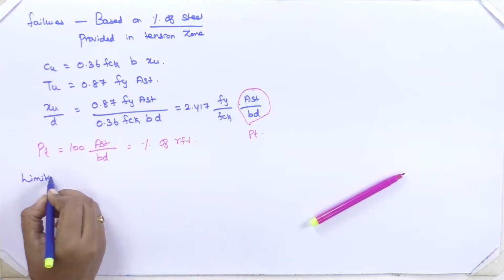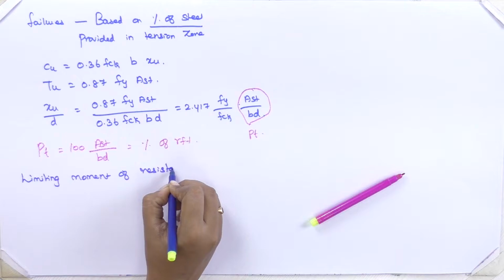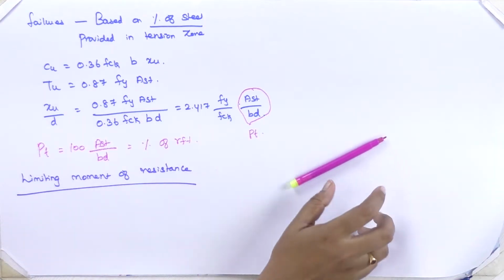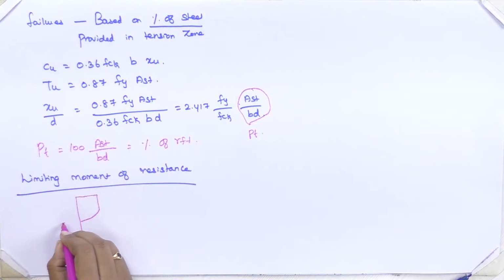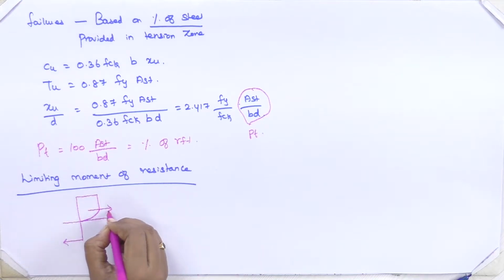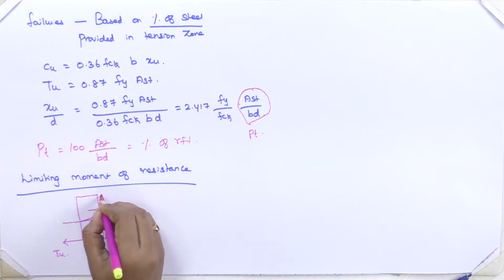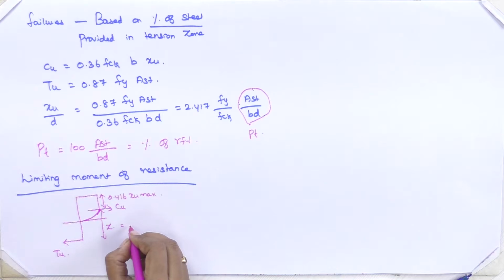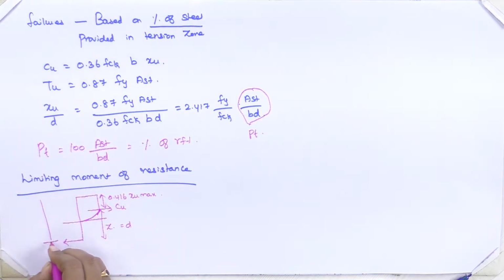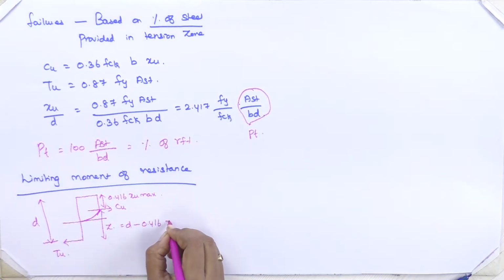Then the limiting moment of resistance. We know that this is the Cu, this is Tu, and this distance is nothing but the lever arm Z. Z is equal to the effective depth, small d, minus 0.416 Xu max.